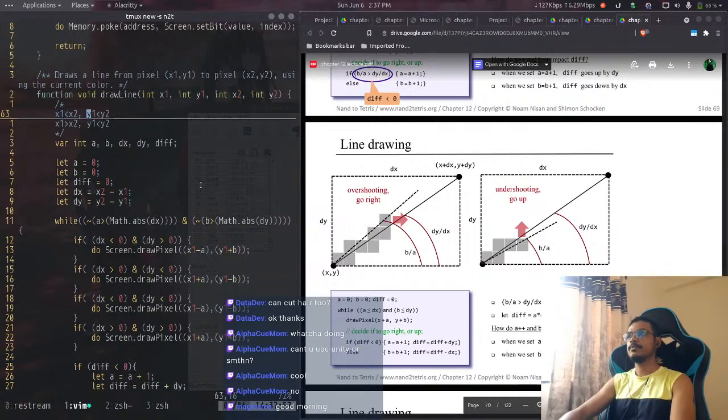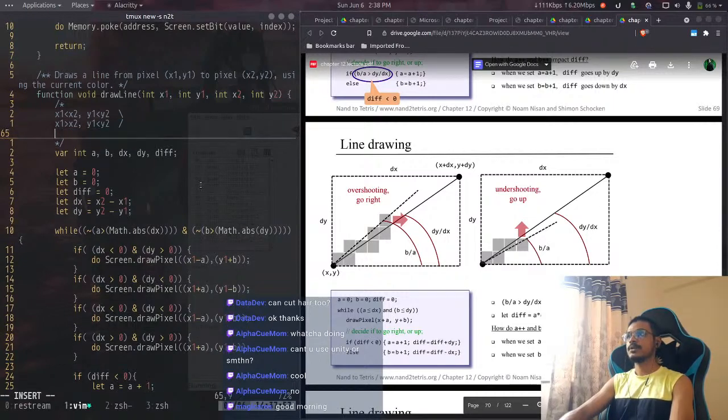Okay, let me try to draw that kind of line. This will be like this, and this one will be, oops, not this, yeah. And the third case is where let's have x1 greater than x2 and y1 greater than y2.